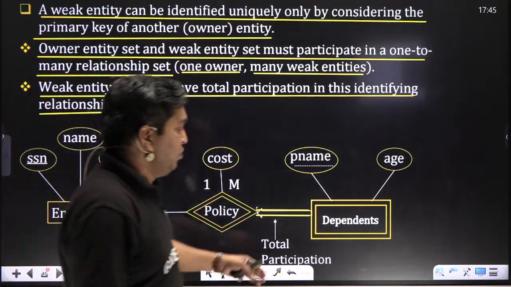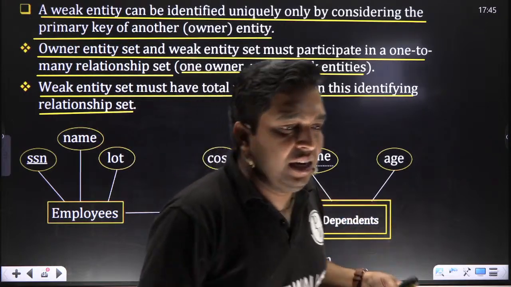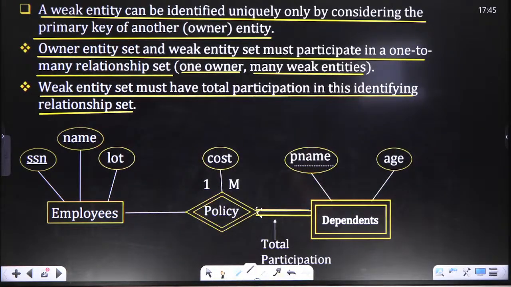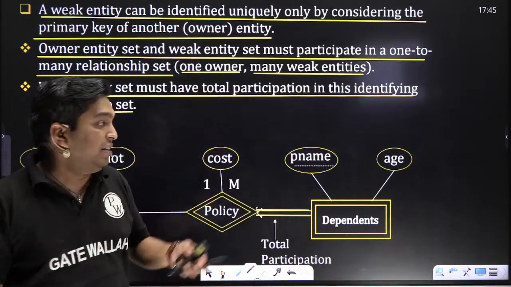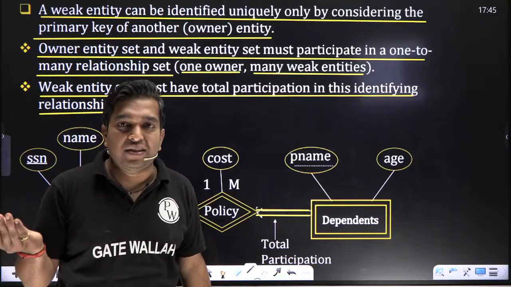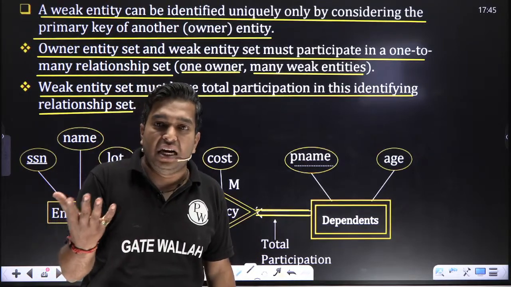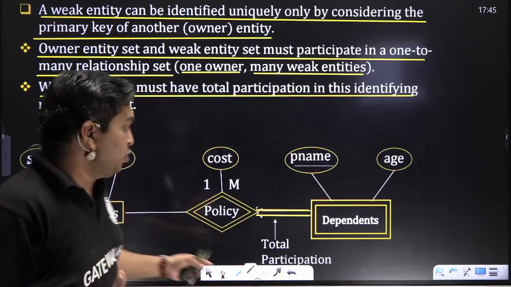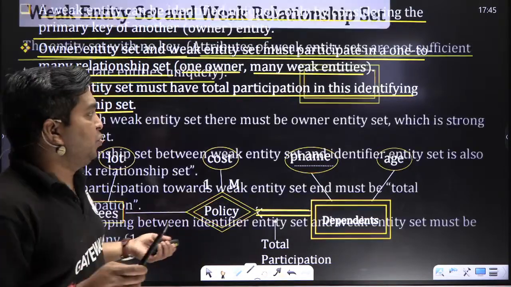For example, listen carefully. For dependents, dependent name alone is not sufficient to determine each and everything, to determine all the details about the policy, how many candidates have taken advantage of these policies. This is possible with the help of the strong entity set's key attribute.